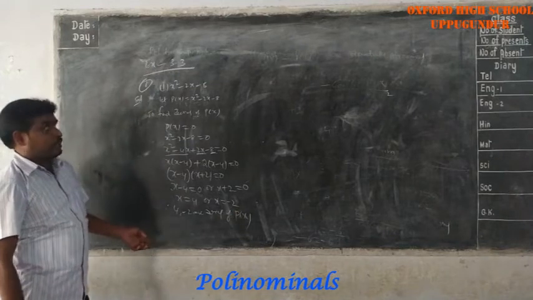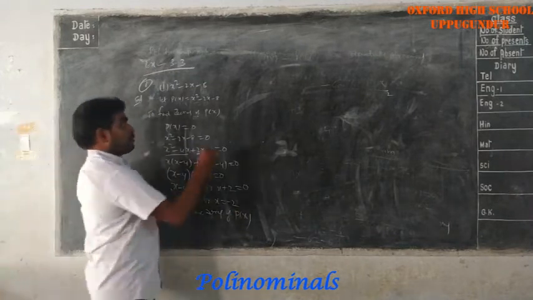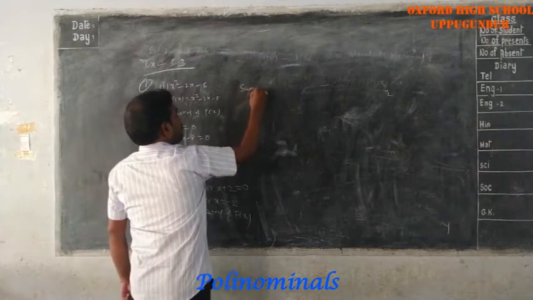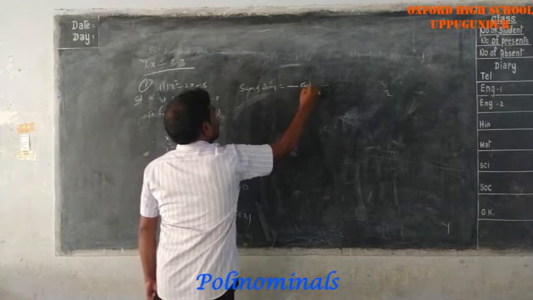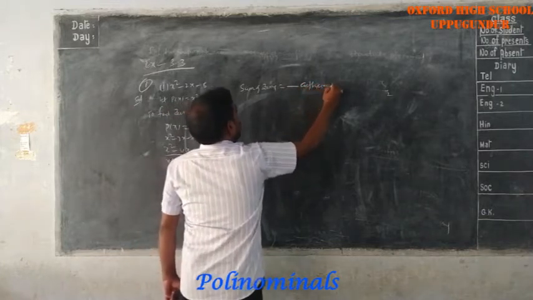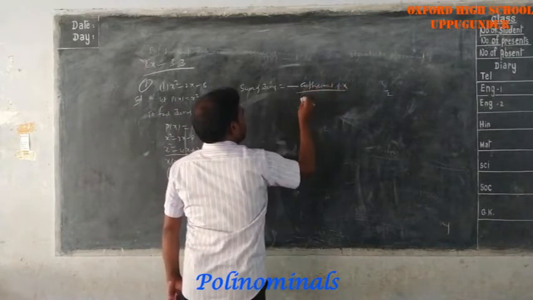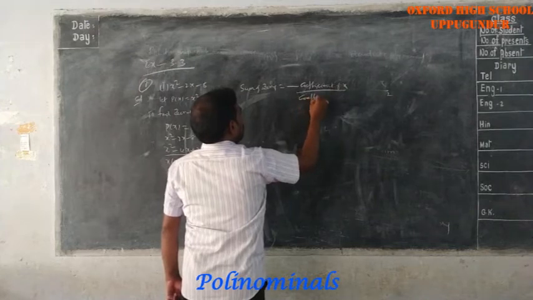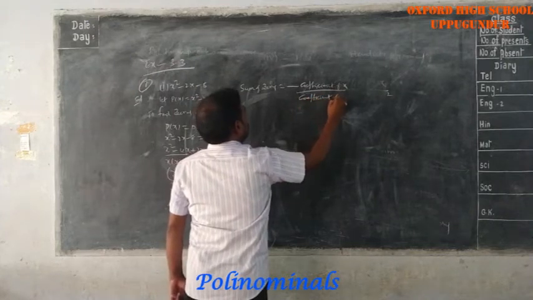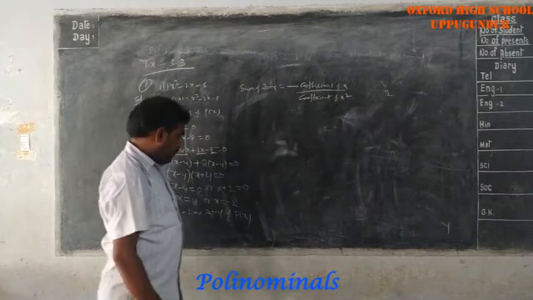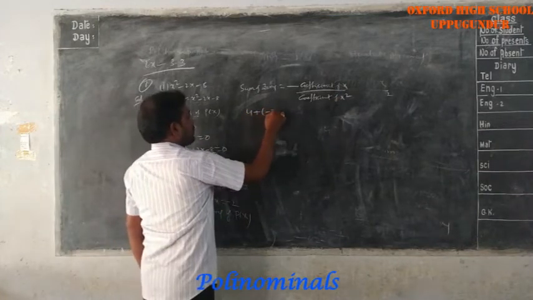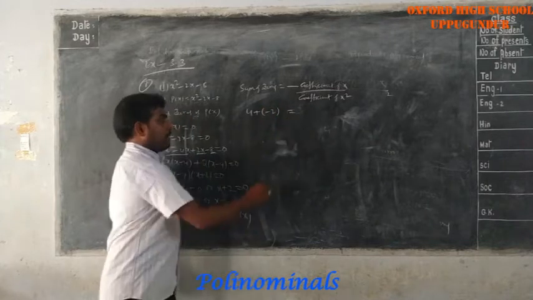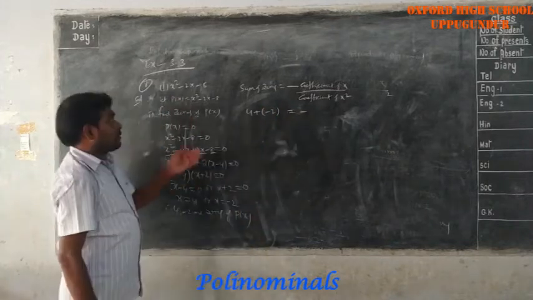Now you have to verify the sum of zeros and product of zeros. Sum of zeros equal to minus coefficient of x by coefficient of x square. What is sum of zeros here? 4 and minus 2. 4 plus minus 2 equal to minus coefficient of x.